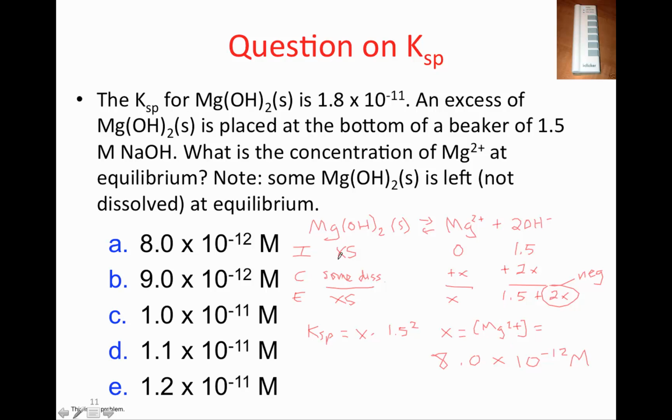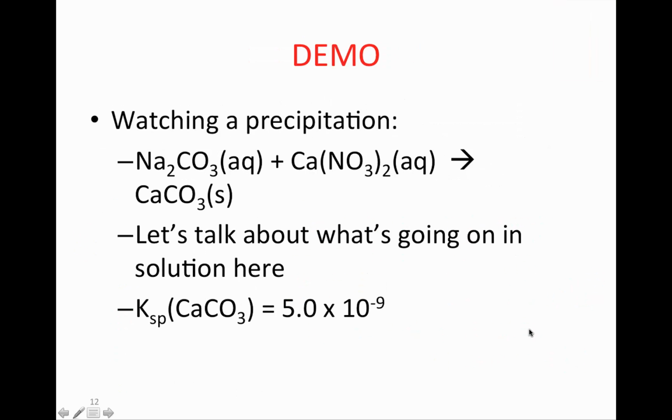And so again, we can see the effect of another ion on the solubility of the magnesium hydroxide. It's smaller than it would have been otherwise. I would encourage you to solve the problem whereby you just put magnesium hydroxide into water, and then you look at the concentration of magnesium just in water without that extra hydroxide. And what you'll find is that the concentration of the magnesium is much higher. So the answer was 8 times 10 to the minus 12.